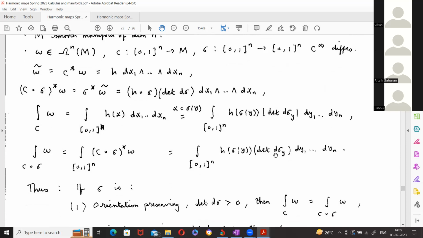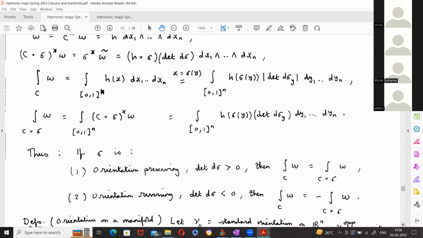Notice one thing: since sigma is a smooth diffeomorphism, the determinant of d sigma is non-zero everywhere. So by connectedness, it is either positive everywhere or negative everywhere. It doesn't change sign. So there are two cases.